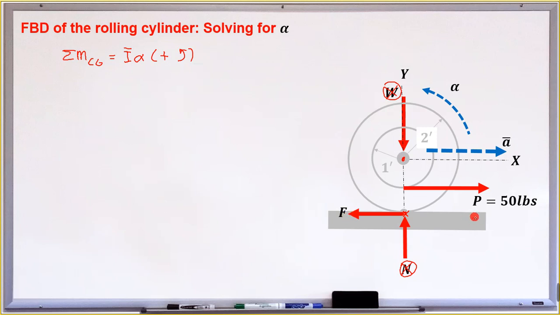Here the applied force P will create a counterclockwise moment, so it is positive. So we have P times its moment arm, equal to the radius of the weightless drum, which is 1 foot, minus the frictional force Fk, because we already solved for this one, and its moment arm is equal to the radius of the solid cylinder, that is 2 feet.